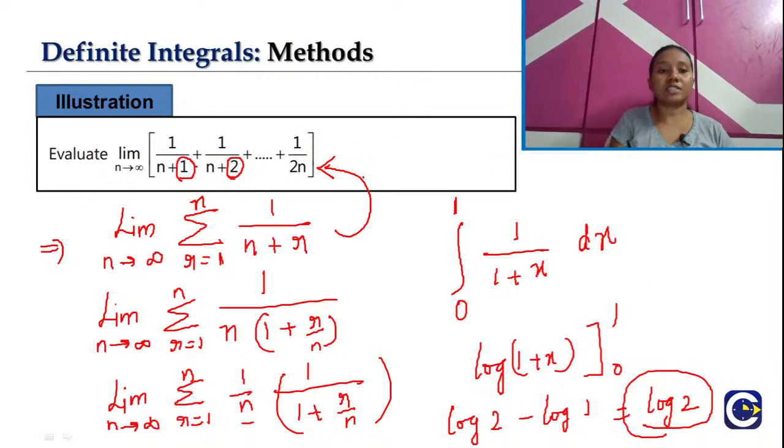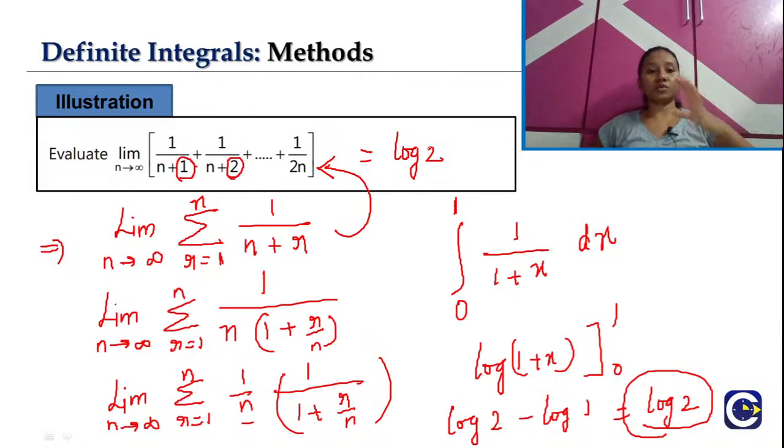So here the sum of this given infinite series is directly equal to log 2. If we try and sort it out using limits, it will be a bit lengthy. Instead of that, we can convert this into our definite integration format and we end up having our direct answer, log 2.